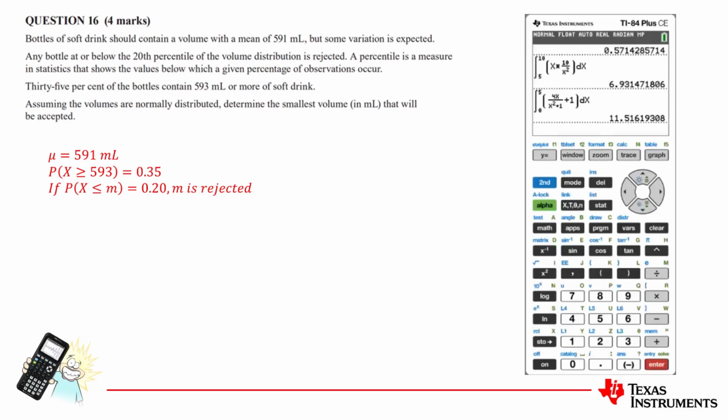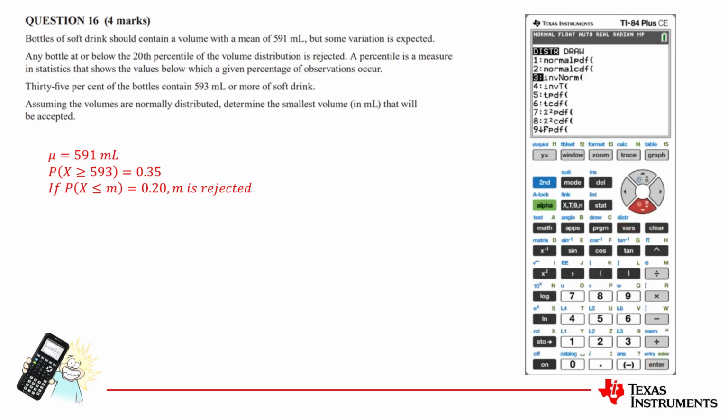So the first thing I'm going to do in this question is to use the information that we're given in the second part here, and I want to find my standard normal distribution value. So I'm going to go into distribution. In this case, I'm going to use my inverse normal because I want to find what that z-score would be if we had a mean of 0 and a standard deviation of 1. So the area is 0.35.